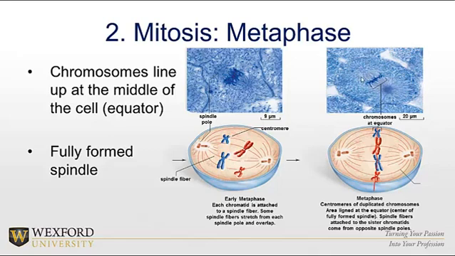We can see these spindle fibers coming off up here. You can actually see it in this micrograph here. We have that nice metaphase plate going down the middle. That's how we know we're done with metaphase. We've lined everything up, getting ready to divide them apart.